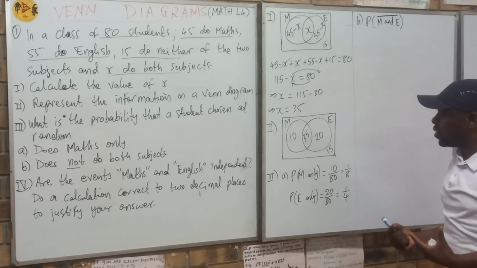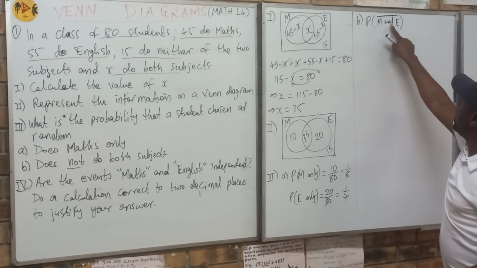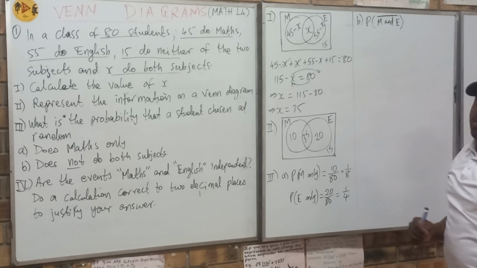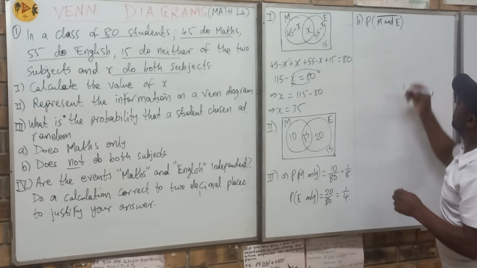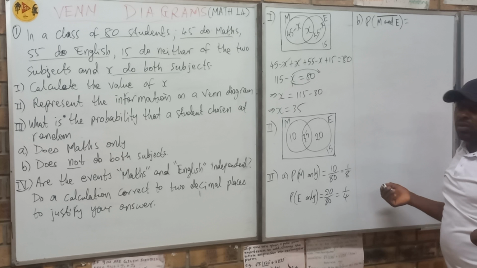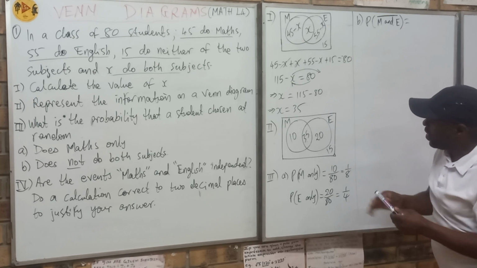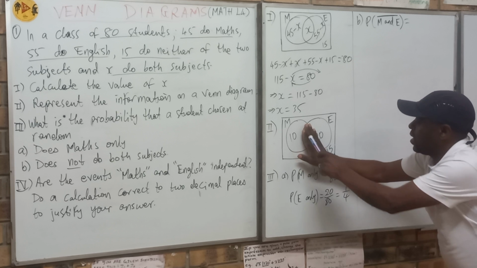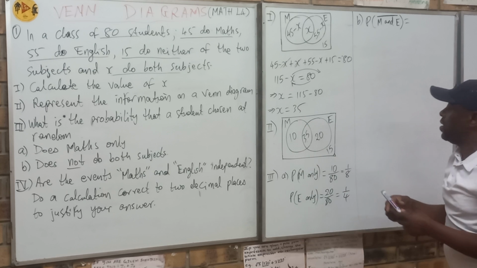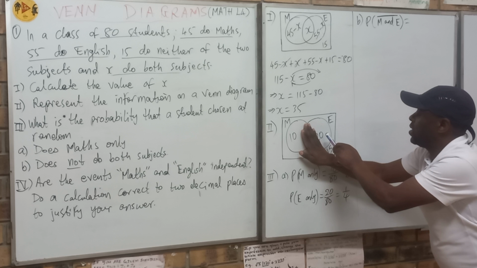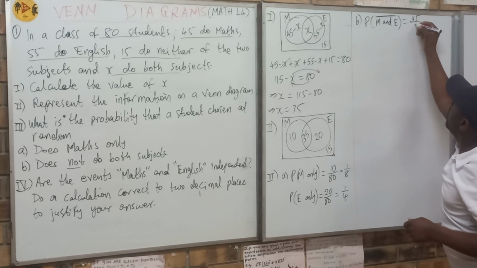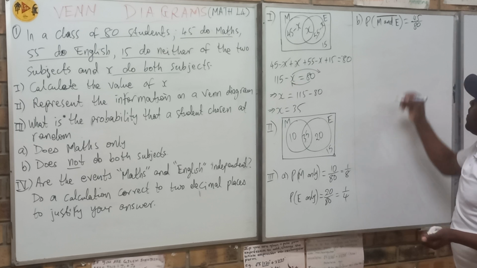So if you are doing both subjects, it means you are doing math and English. If you are not doing both, then math and English with a bar. So if I know how to read it from my Venn diagram, that's how simple it is. I can simply close the portion for both, which is the 35, then I calculate the rest. I see that I'm having 10 plus 20 is 30, plus 15 is 45 over 80.